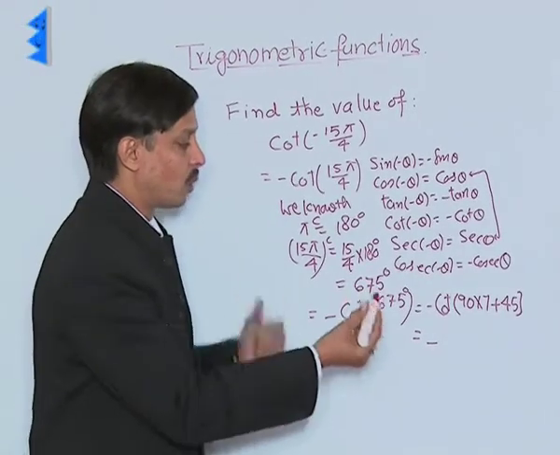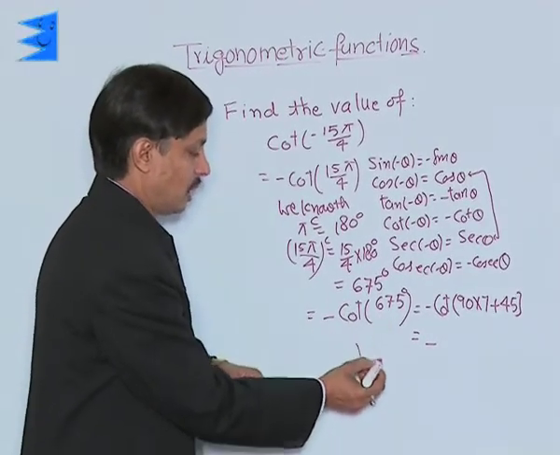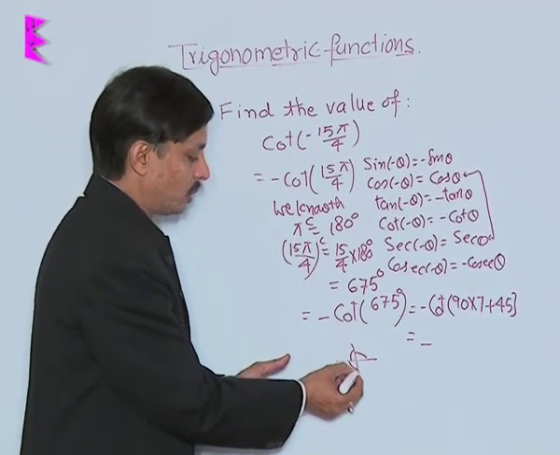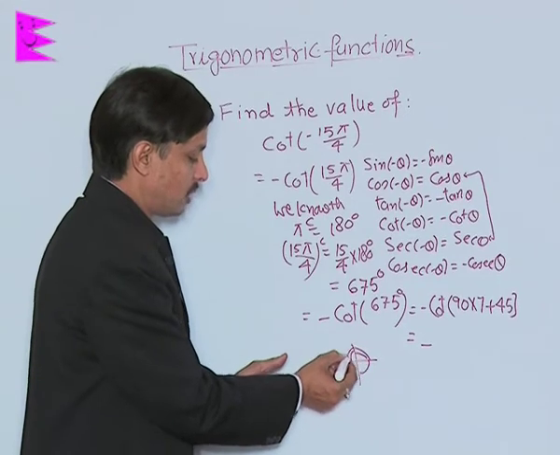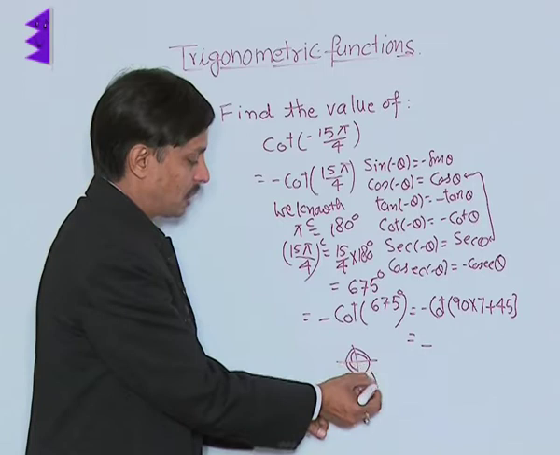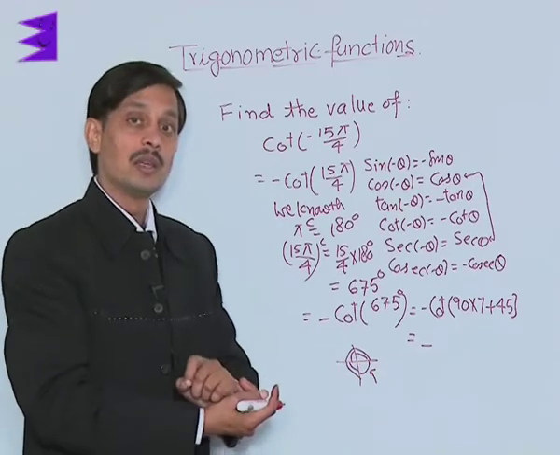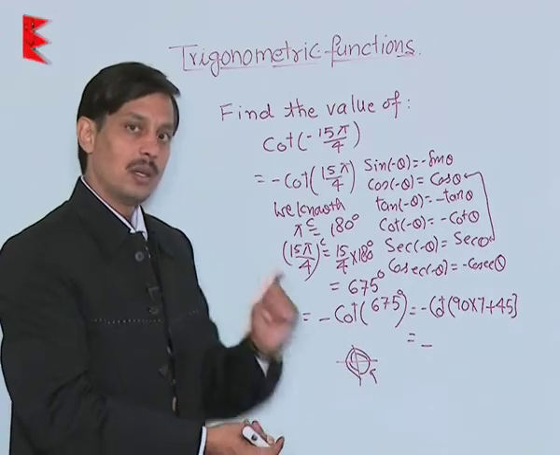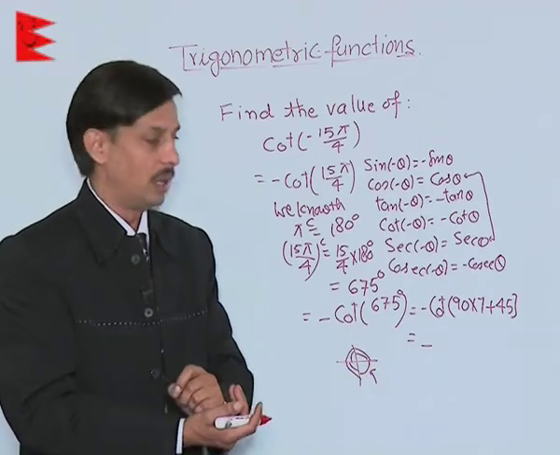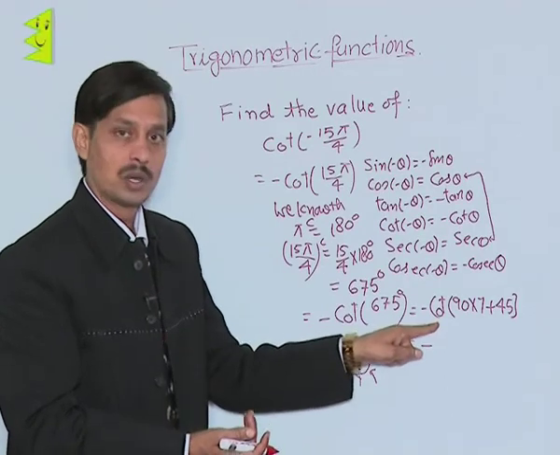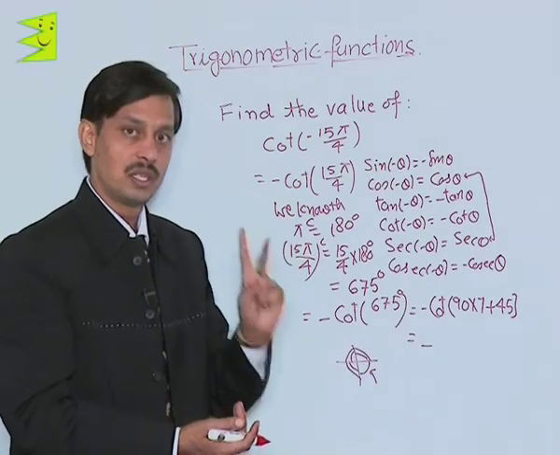To check the quadrant is very simple. It is a quadrant system: 90 into 1, 2, 3, 4, 5, 6, 7. 90 into 7, then plus something, is falling in quadrant number 4. In the fourth quadrant, only cos and sec are positive; the remaining sin, cosec, tan, cot are negative. This is cot, so two things are decided.